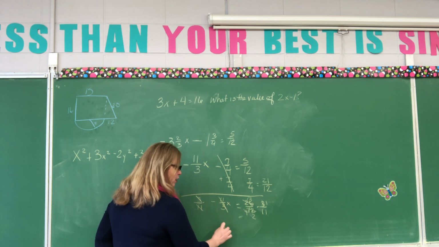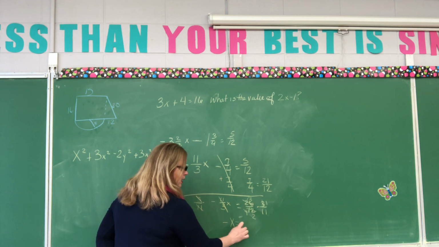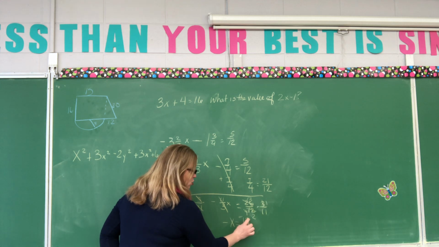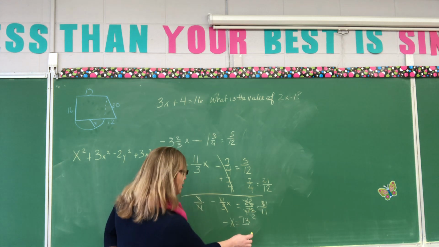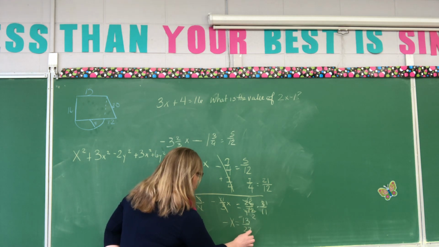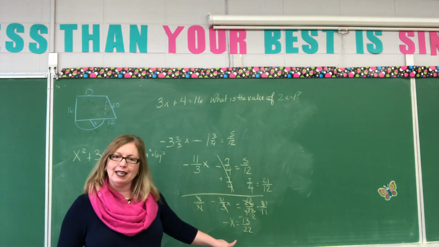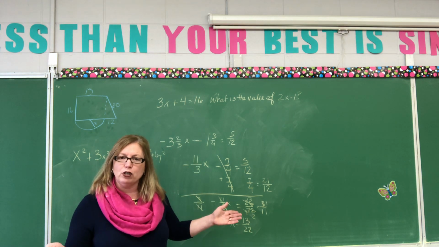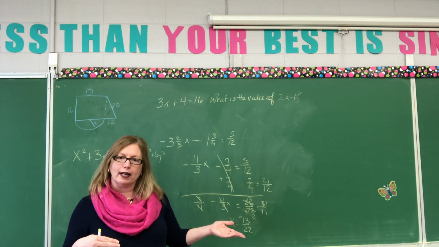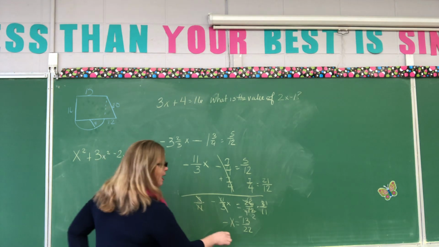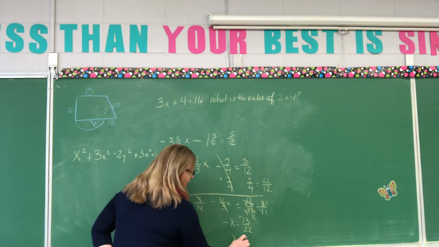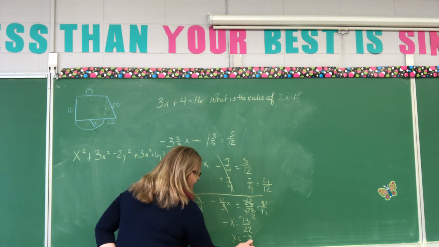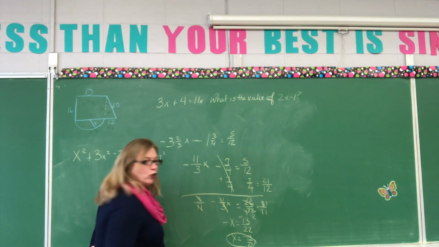Now I have over here a negative x equals 13 times 1 is 13. 2 times 11 is 22. It's kind of messy. I cannot leave this as a negative x. So what do I do? Multiply both sides by a negative 1. That makes this a positive x and this a negative 13 over 22.